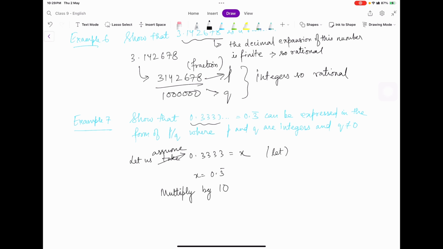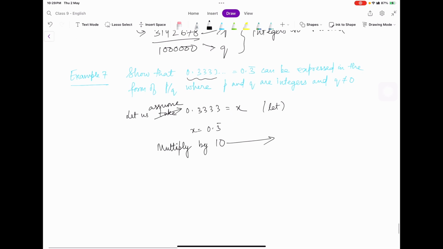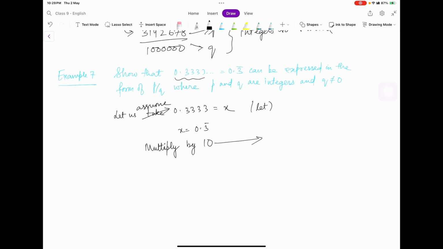See, this 10 I am mentioning, I am telling you already. Why multiply by 10?